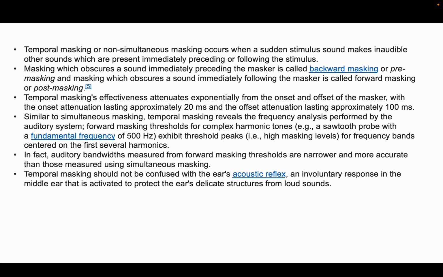In fact, auditory bandwidths measured from forward masking thresholds are narrower and more accurate than those that use simultaneous masking. Temporal masking should not be confused with the ear's acoustic reflex. The acoustic reflex, we talked about this, is an involuntary response in the middle ear that is activated to protect the ear's delicate structures from loud noises.